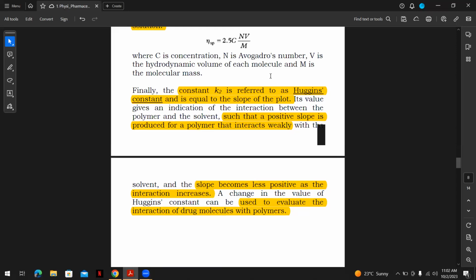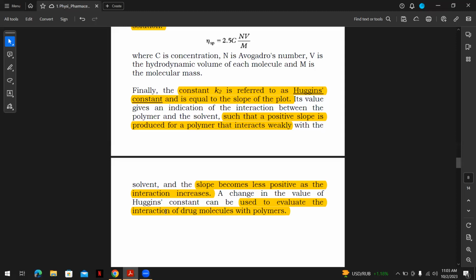We saw K1, we got it from extrapolation; now K2, we are getting it from the slope. K2 is an indication of the interaction between the polymer and the solvent, such that a positive slope is produced for a polymer that interacts weakly. So when you see a positive slope, the polymer interacts weakly with the solvent. And when it's less positive, it interacts more with the solvent.